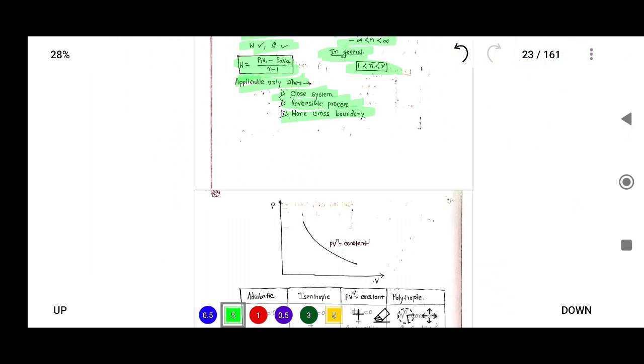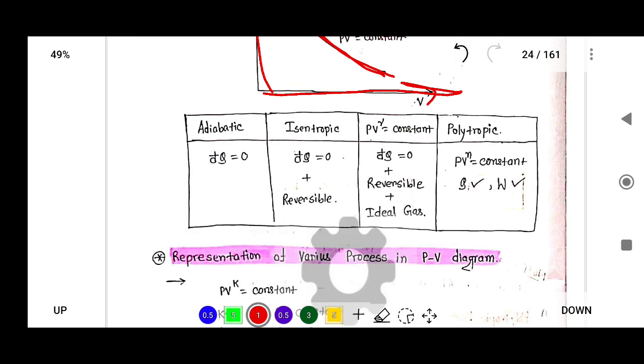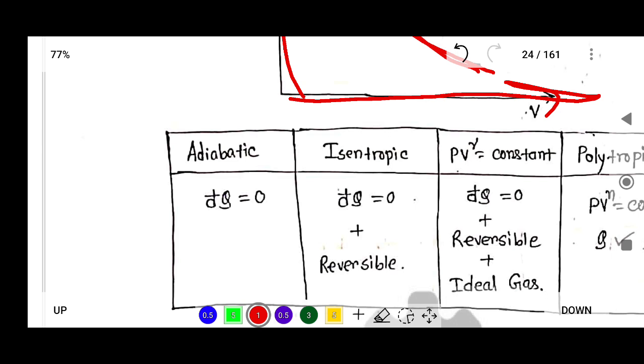So this is the work done formula. Now here this is the volume axis on the x axis, and this is the pressure axis. This is the PV to the power n equal to constant curve. If it is an adiabatic process, we know that Q is equal to 0. When it is an isentropic process, dQ equals 0 and it is a reversible process.